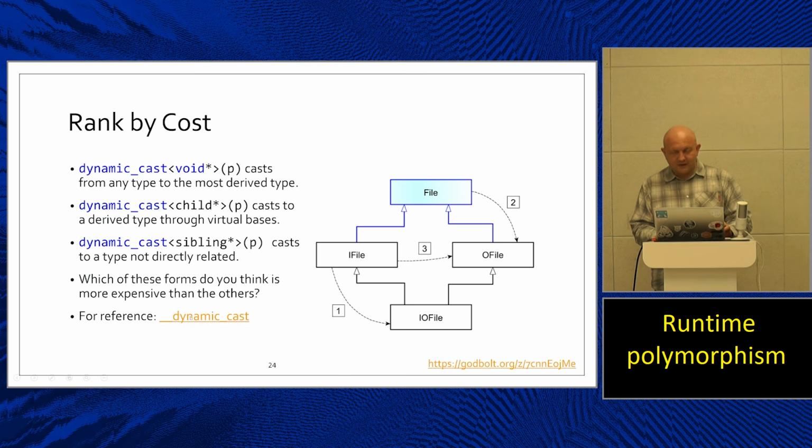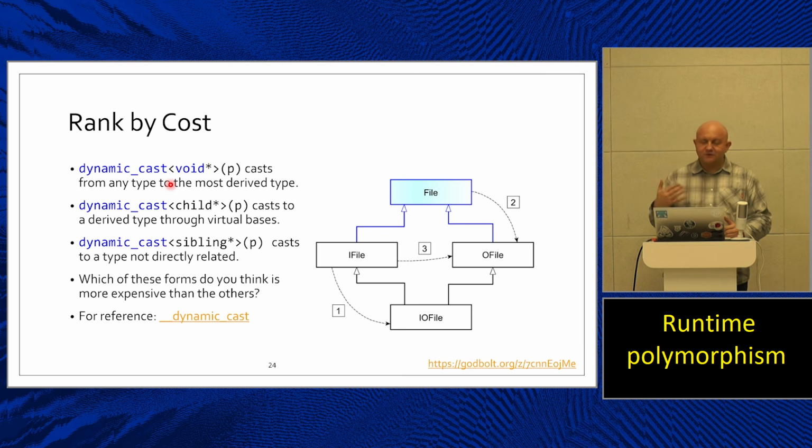Okay. And now, which of those forms is more expensive? The cheapest one is typically dynamic cast to void, as the runtime already stores information about the most derived object, and the adjustment is straightforward.